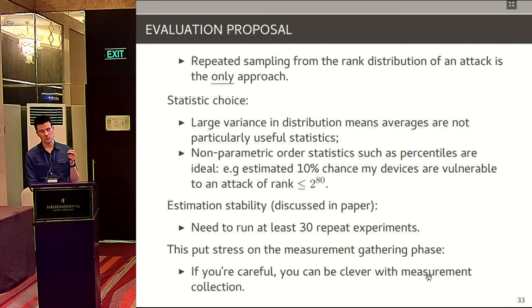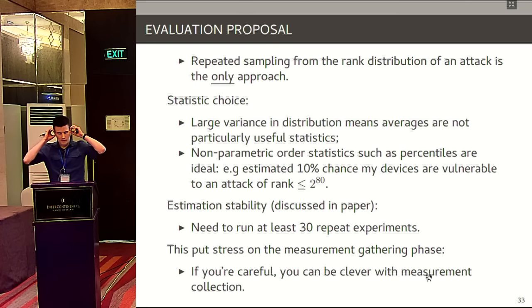So our proposal for how evaluation should be done now, if you care about rank, is essentially to collapse it to a statistics problem. It's the only way to do things, which requires repeated sampling from the distribution for an attack.